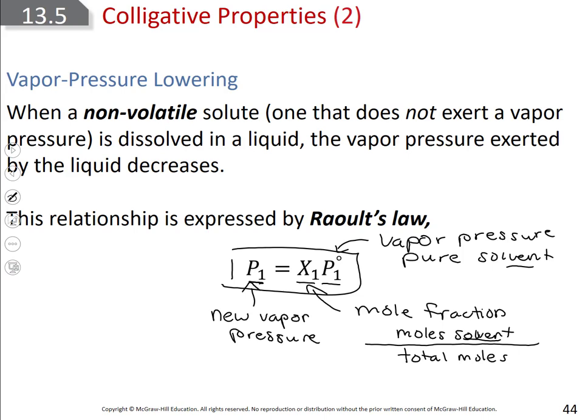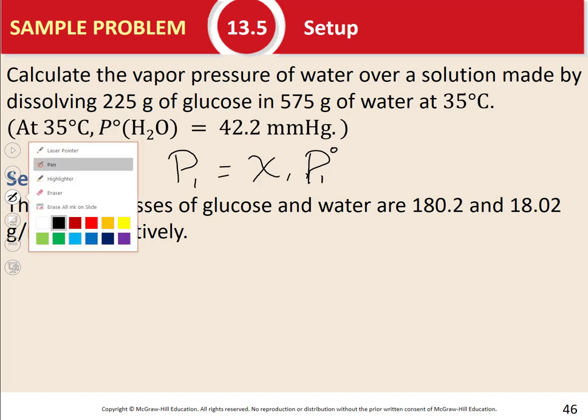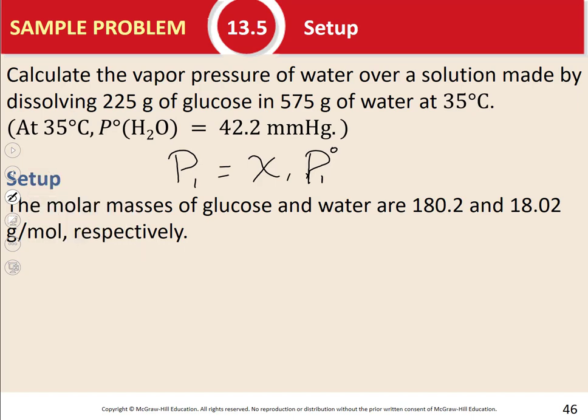It's going to be equal to your mole fraction times the vapor pressure of the pure solvent. So this 42.2 millimeters of mercury, that's for pure water, so that is our P1.